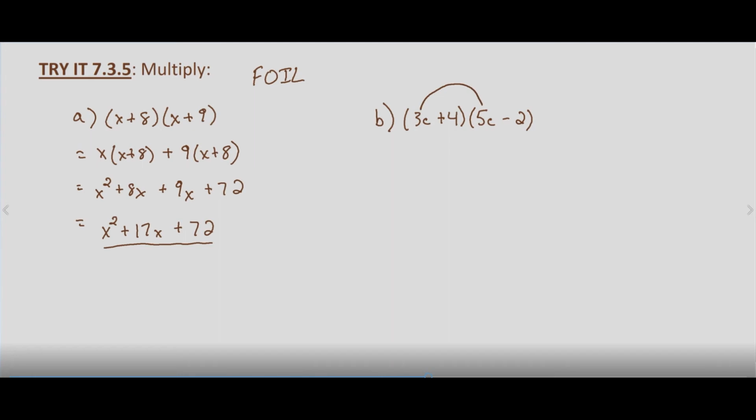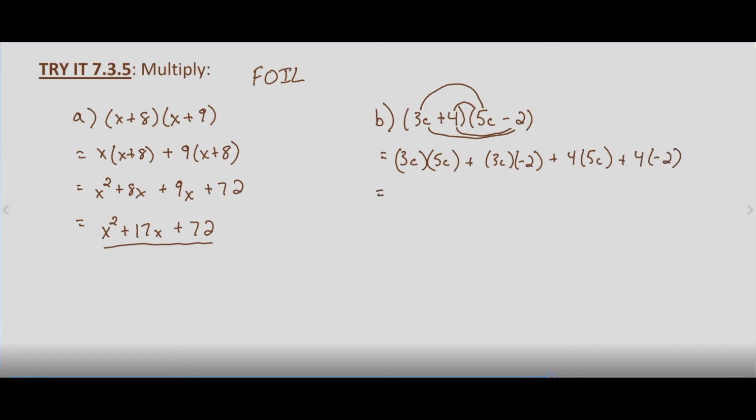So first, 3c times 5c, so both the first terms in the binomial, outside, so 3c times negative 2, so plus 3, outside, then inside, so 4 times 5c, and then both last terms, plus 4 times negative 2.